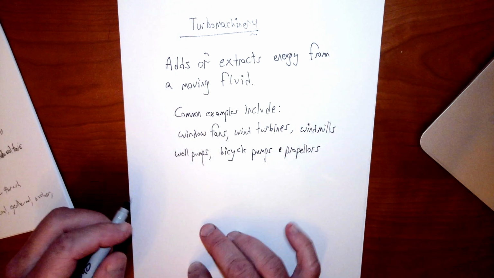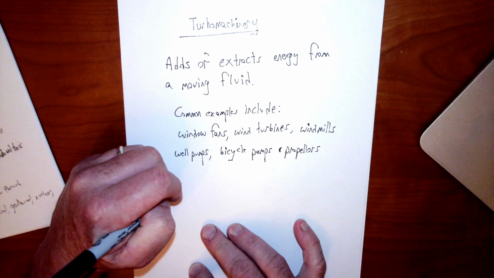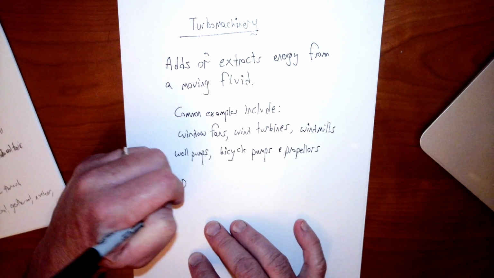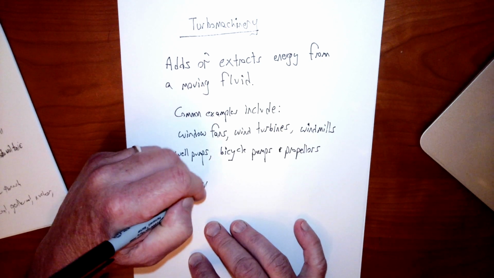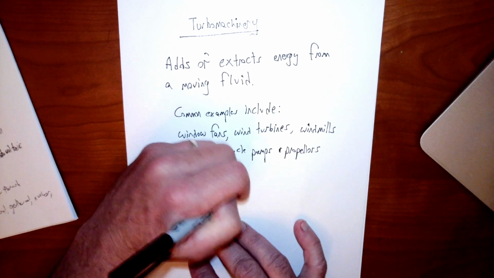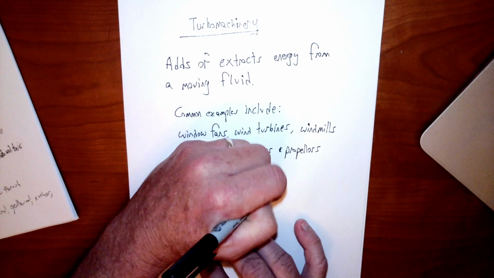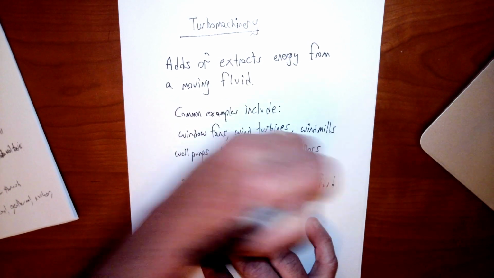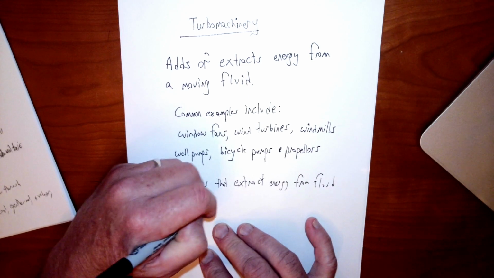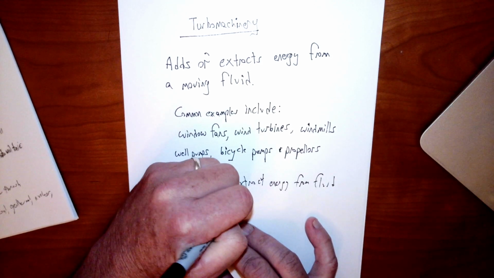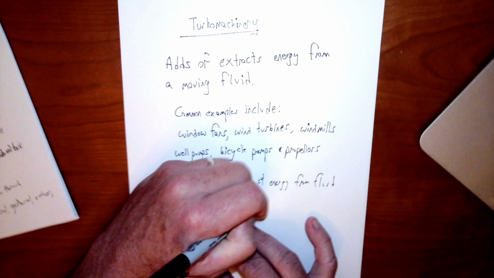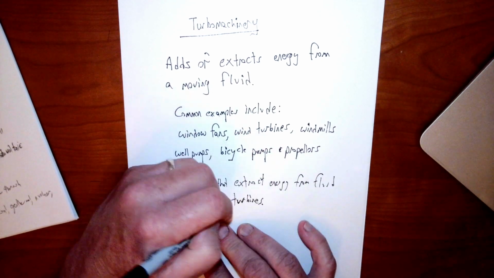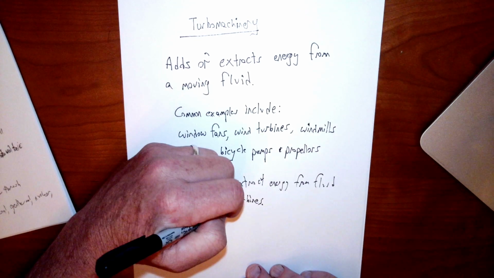Okay, generally speaking, devices that extract energy from fluid are called turbines. That's pretty much always the case, except for windmills. So you're going to see lots of different turbines.